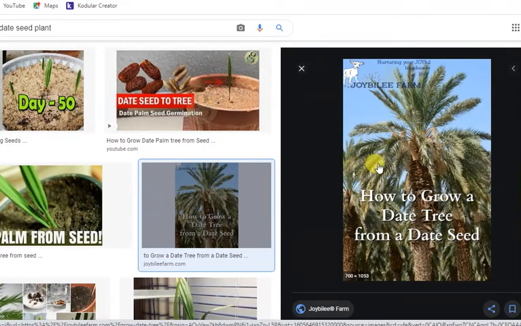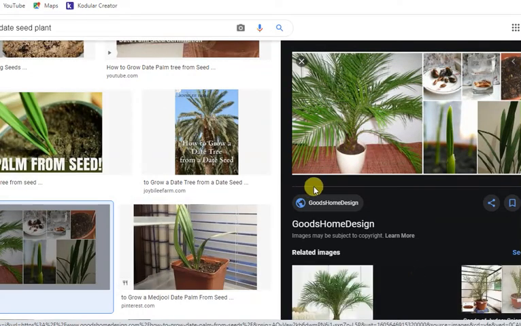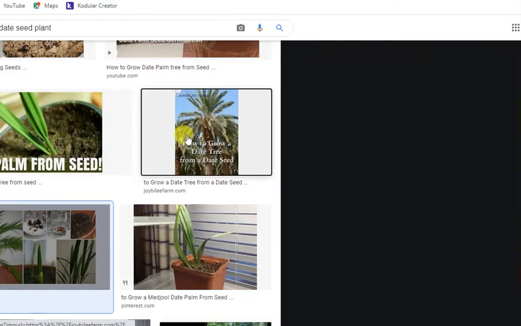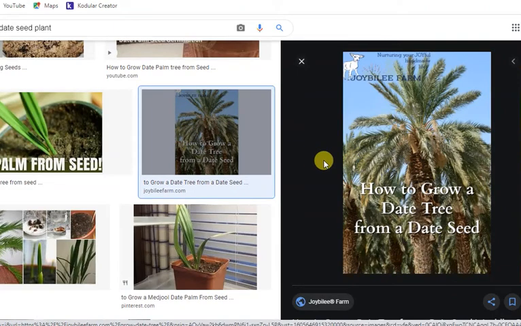So this is the dead seed tree. If you go to Google and search for it, you can find how it is grown. It is used for ornamental purposes at home, but sometimes it can be grown like this.